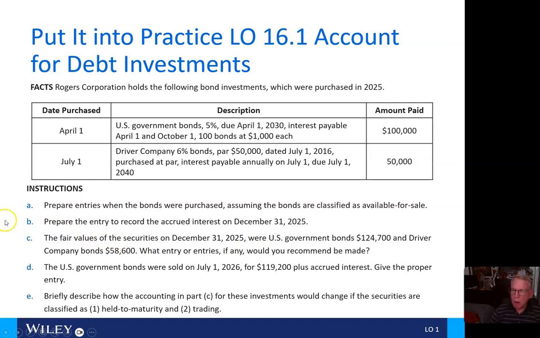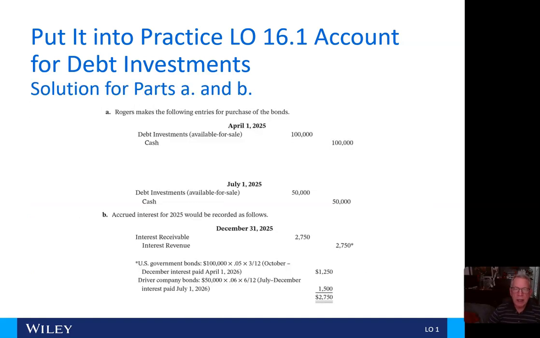Now under Bravo, we're going to prepare the entry to record the accrued interest on December 31, 2025. And how we calculate that is, here, the U.S. government bonds, which we purchased on April 1, 2026 [sic].